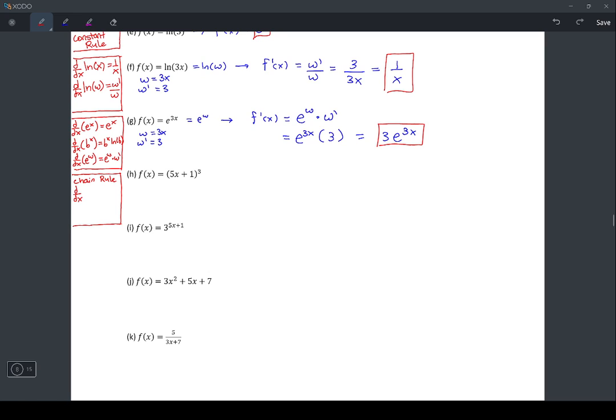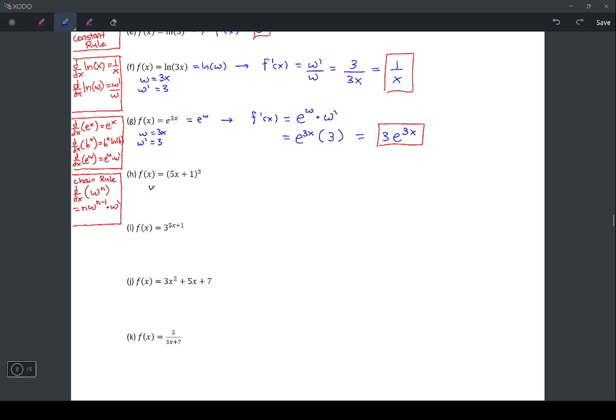I'm going to use w again. So if we take the derivative of a function w to the power of n, what we end up with, and this looks a lot like the derivative of x to the power of n, we get n times w to the power of n minus 1. So just like the power rule, but then we multiply by w prime, the derivative of the inside.